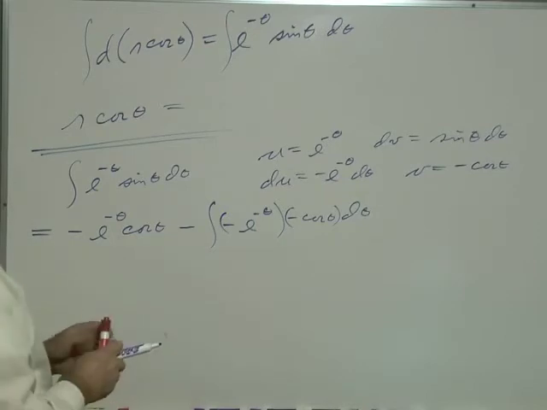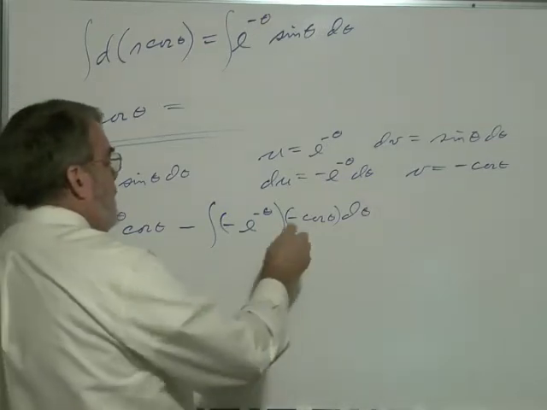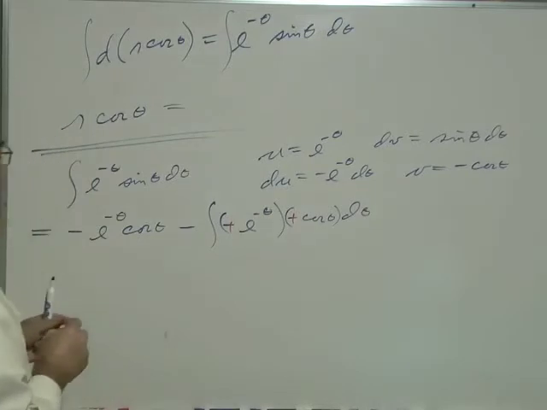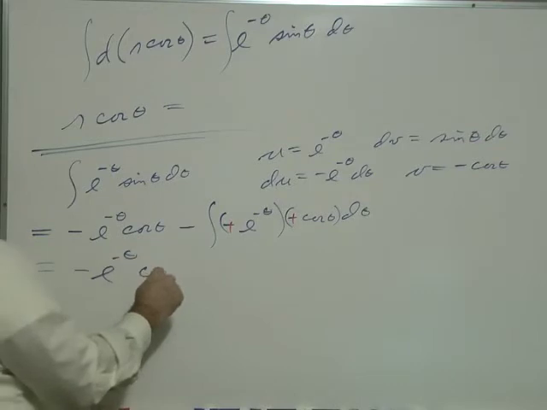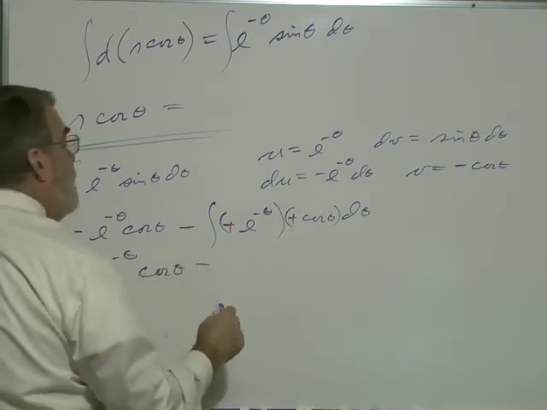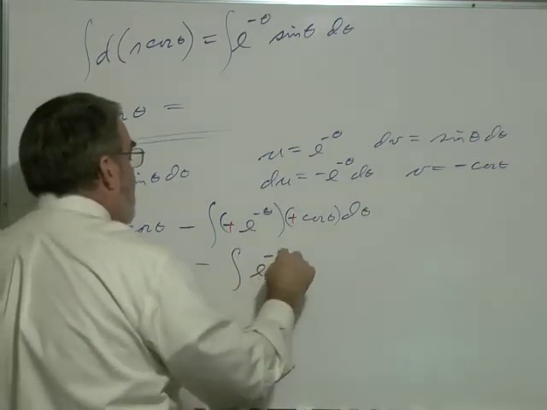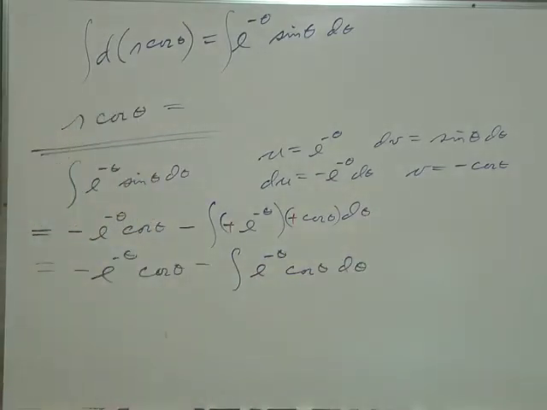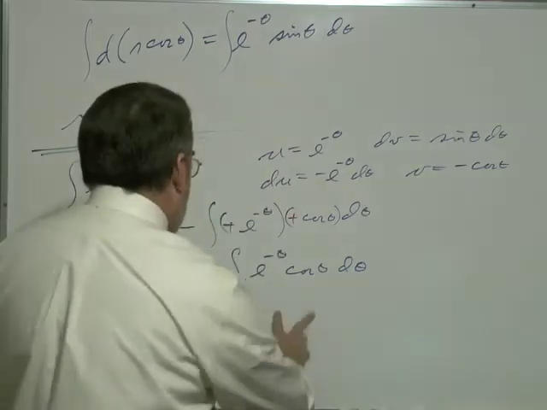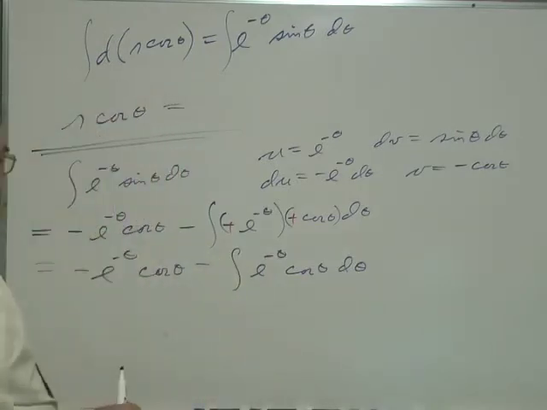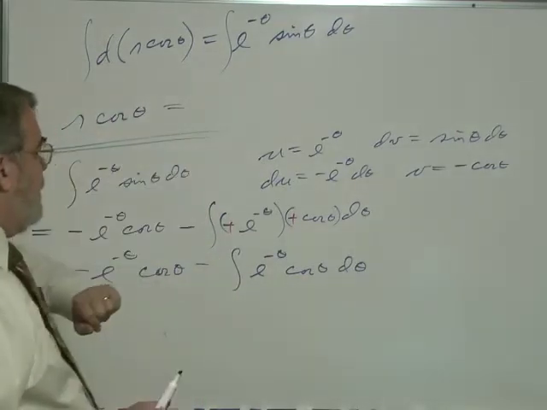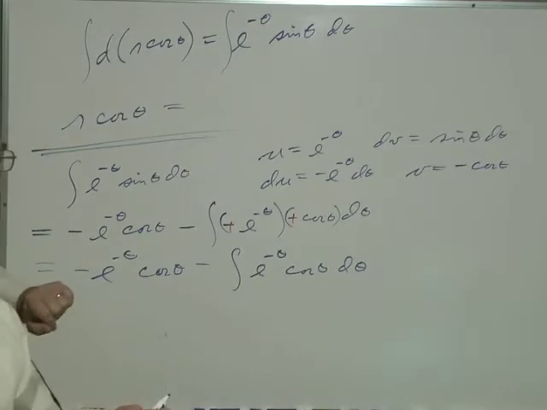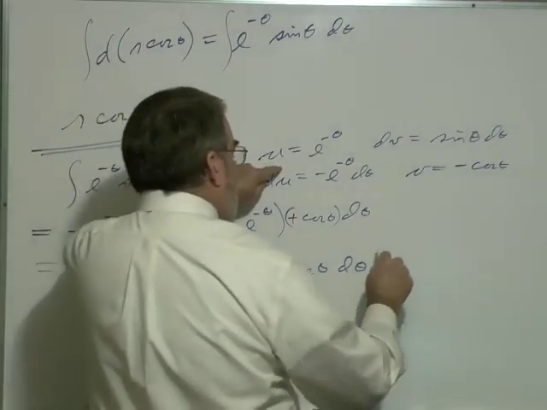Now we have a couple of negatives here that do cancel, but I'm down to minus e to the negative theta cosine theta minus the integral of e to the negative theta cosine theta d theta. And at this point we have to do this process again on this integration. These are doozies to work through, so let me separate it here.